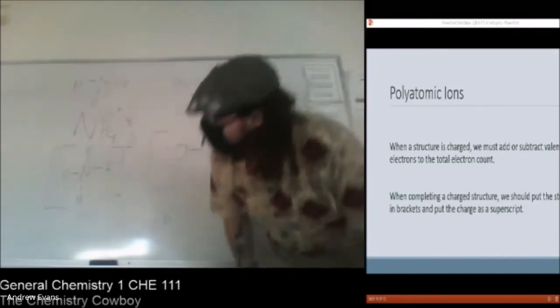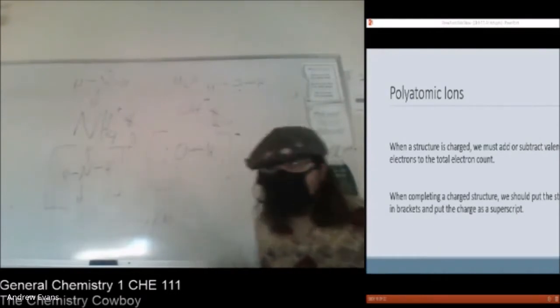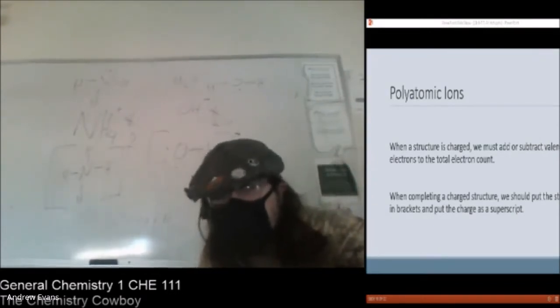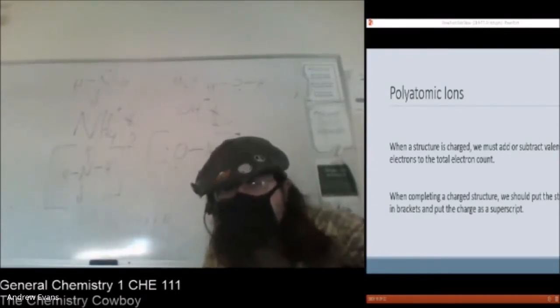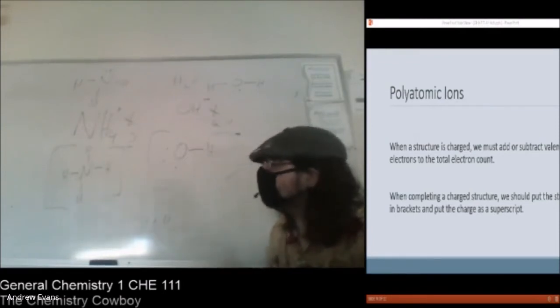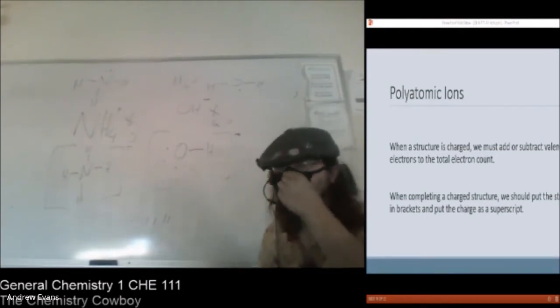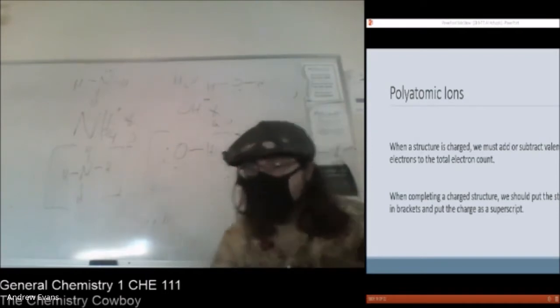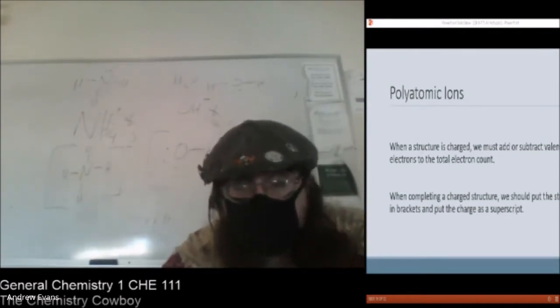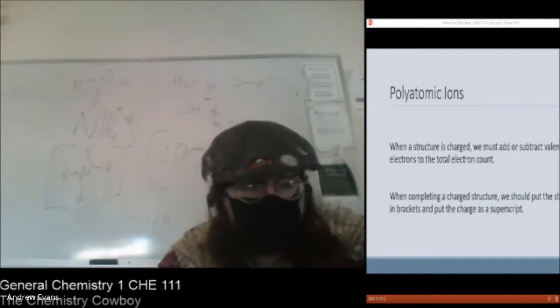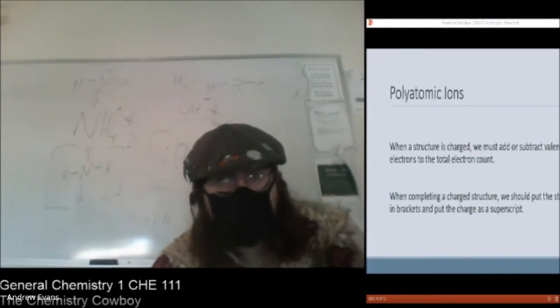And so that is how we are going to deal with these charged species. We're going to have to take into account the extra electron or lack thereof, and just add that into step 1.